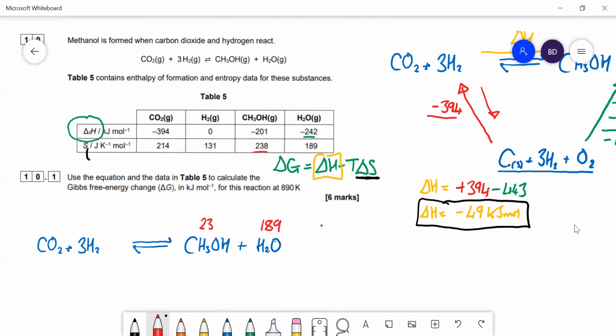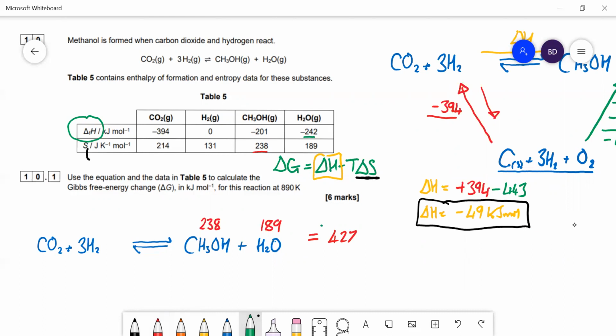And these are in joules, don't forget, not kilojoules, per mole per Kelvin. Right, so add that lot up. That comes to 427 joules.